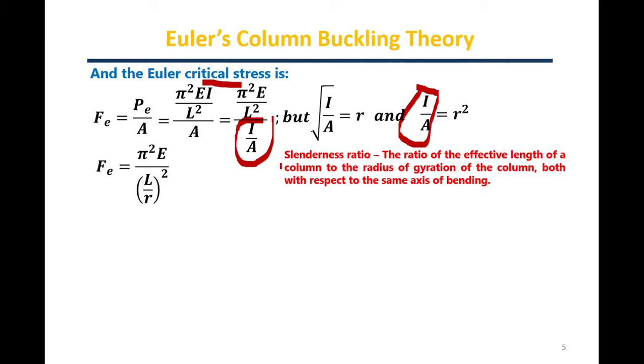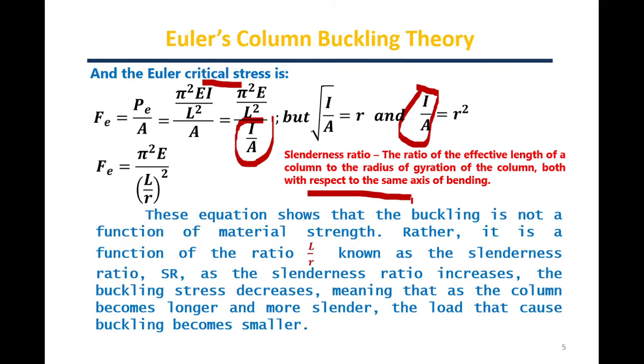We have the slenderness ratio. It is the ratio of the effective length of the column to the radius of gyration of the column, both with respect to the same axis of bending.